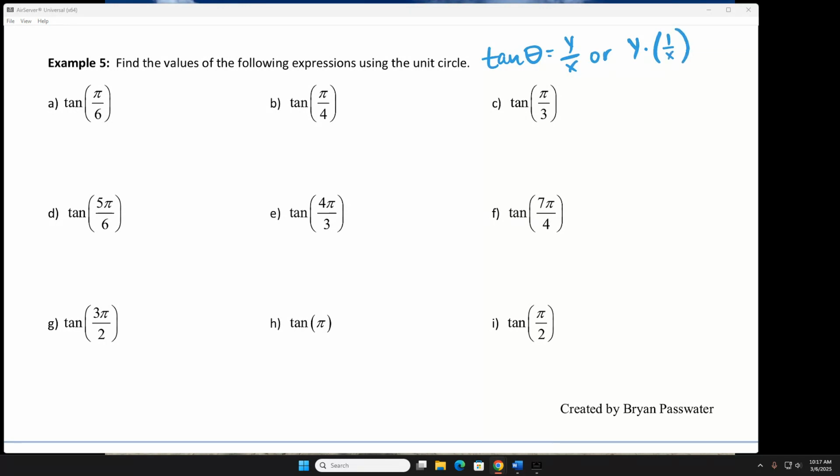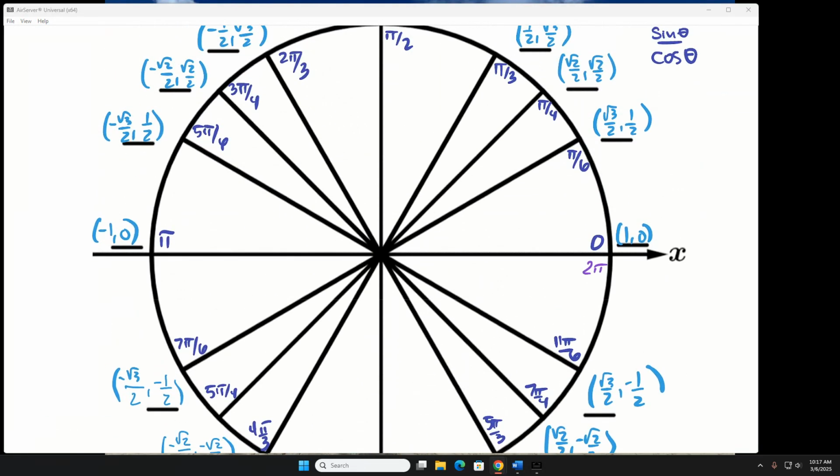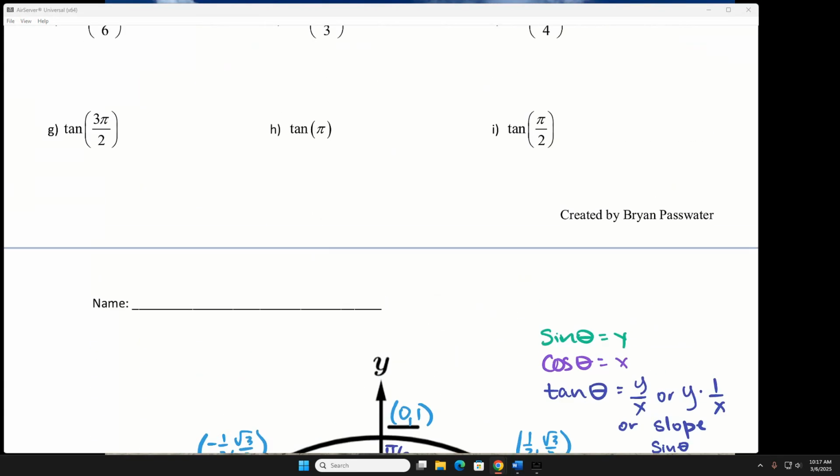If it is 1, we know the slope to, or we can just give the slopes. So if you look at pi over 6, is that a slope you already know? Probably not. All right, so what we're going to do is take the y coordinate and multiply it by the reciprocal of the x coordinate.